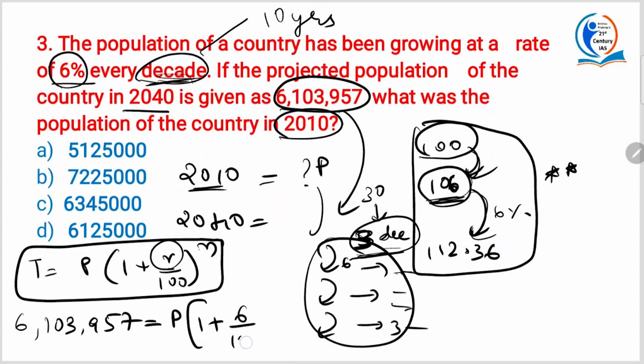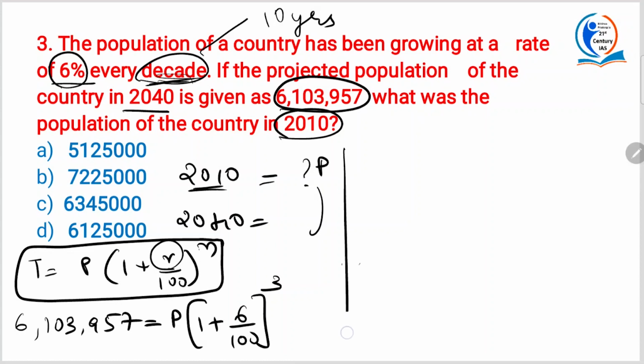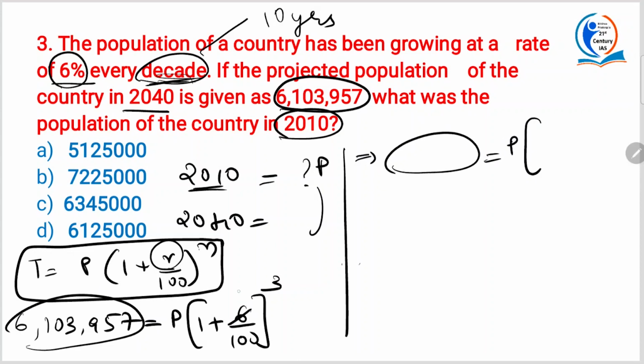It is 6, so 6 by 100 whole power 3, because it is increasing by 6% three times, after every 10th year. So this number is equal to P into 6 by 100, which is how much? 3 by 50, right? So it will become P into 53 by 50 whole cube.